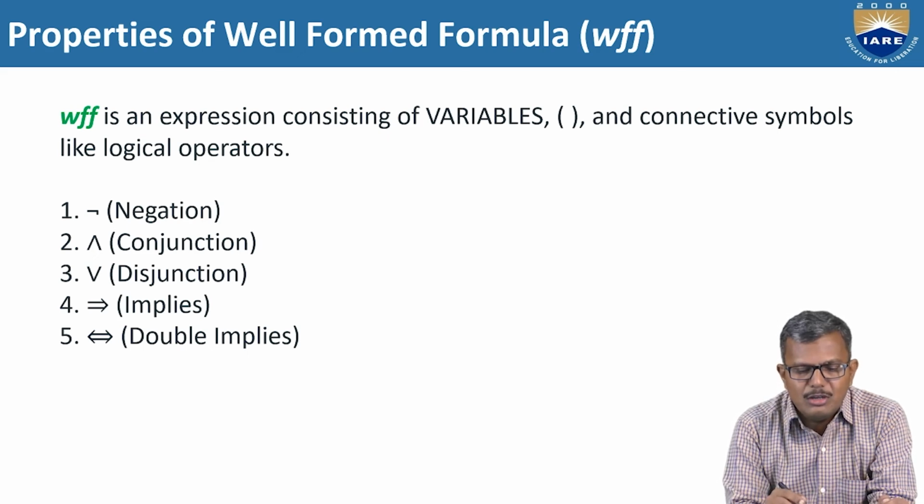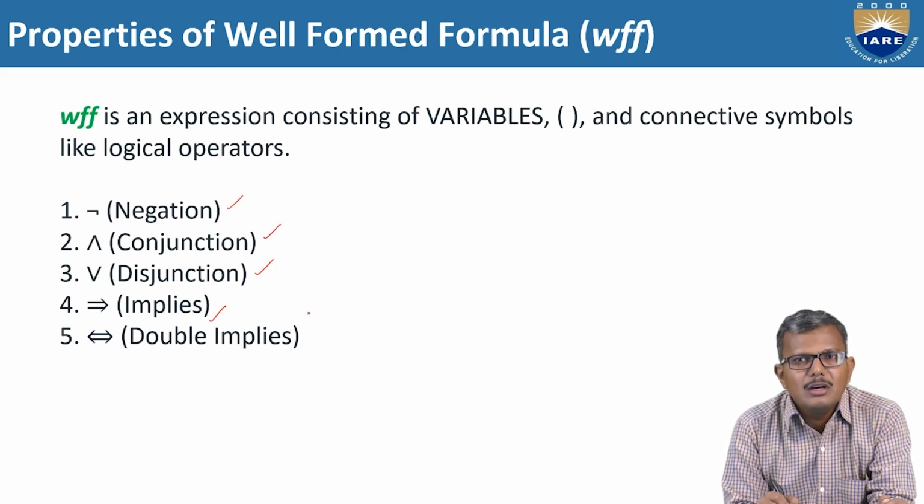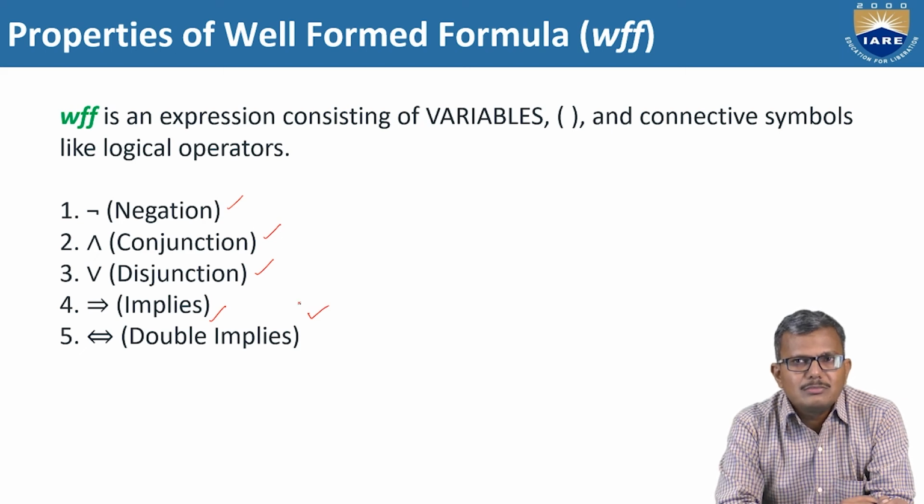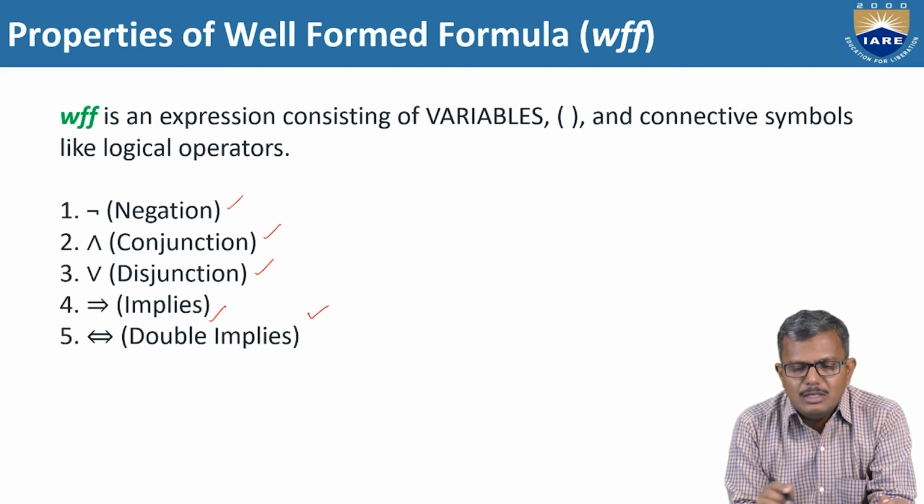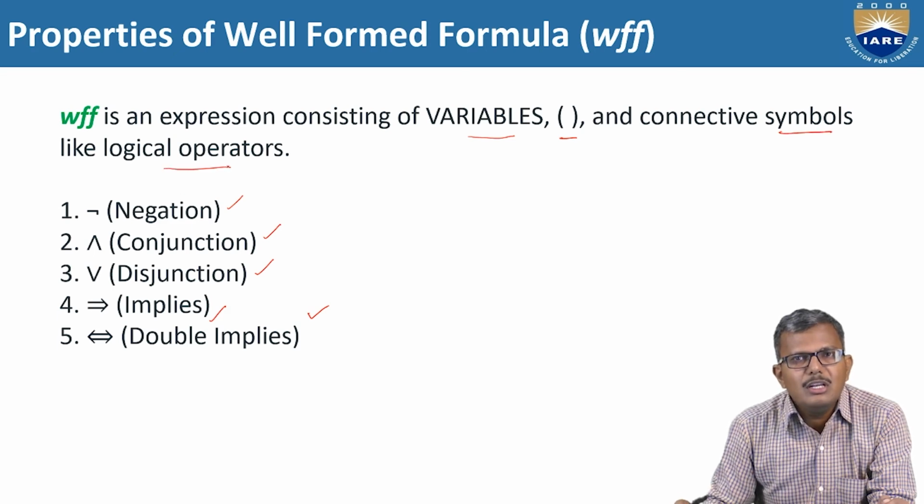Most of the logical operators we are going to use are negation, conjunction, disjunction, implies or double implies. A well-formed formula should have variables, parentheses and some symbols. Here symbols are nothing but logical operators.